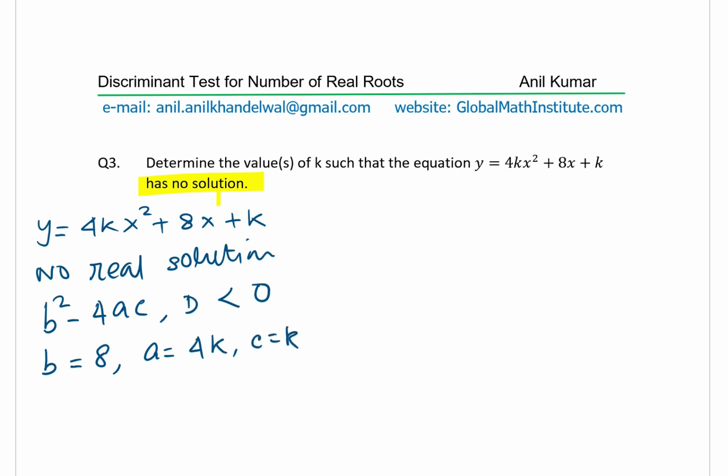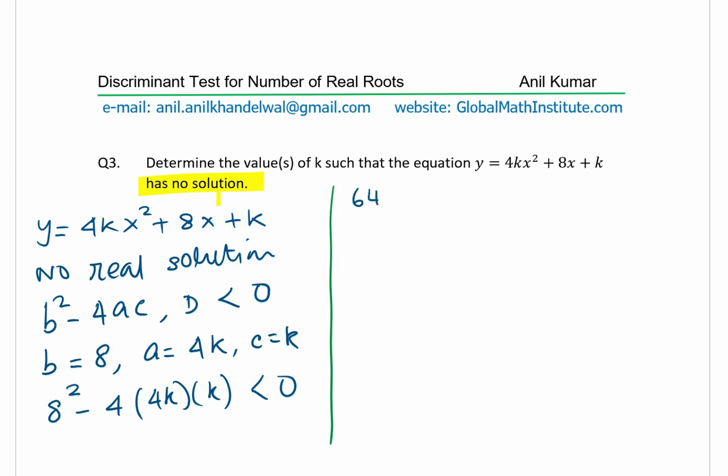So we have to solve the inequality, which is 8 squared minus 4 times a, which is 4k, times k, should be less than 0. That is the inequality which we are going to solve in this particular case. So what we get here is 8 squared is 64 minus 4 times 4 is 16 k squared should be less than 0.